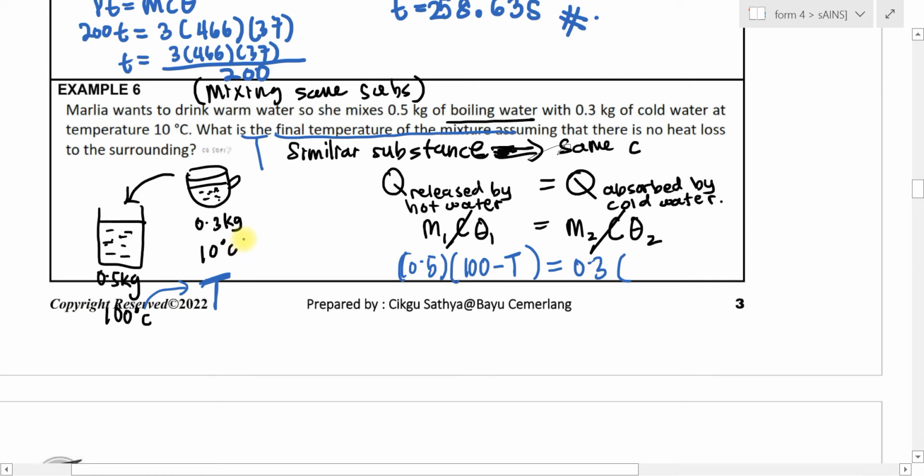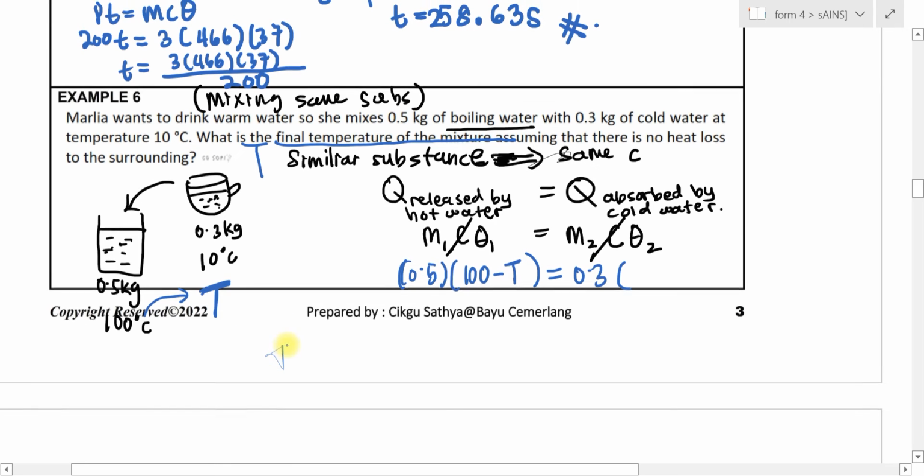Macam ni lah. Kalau kita mix dua benda ni kan, 100 degrees Celsius dengan 10 degrees Celsius, dia mesti ada satu temperature akhir, which is T lah. How we get this T?